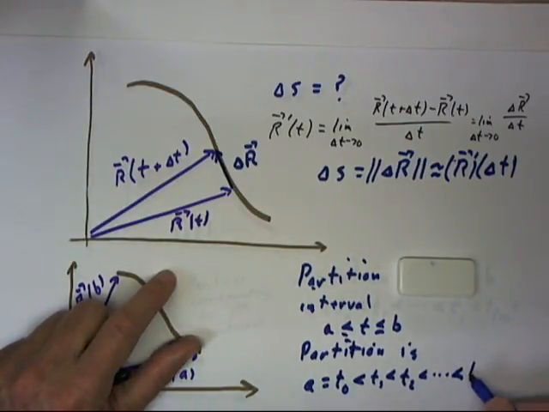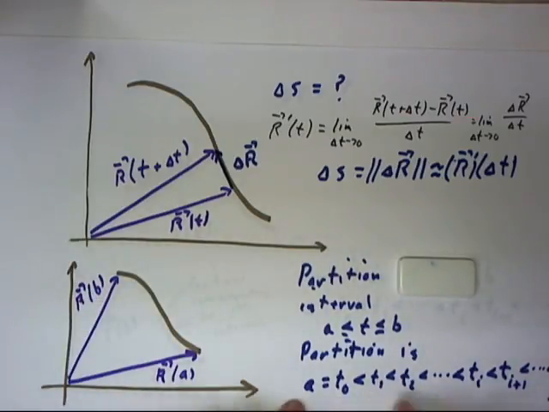Somewhere in the middle we'll have a typical interval that runs from Ti to Ti plus 1. And finally, we end up with T sub n, which equals B. So now we've got a partition of our time interval from A to B.